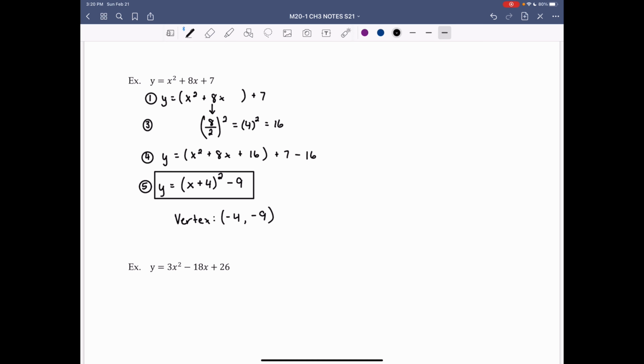Then I could do a quick sketch of my parabola and see where my vertex is in terms of quadrants. Negative 4, negative 9, so let's say that that's about here. And the y-intercept from general form, the constant term is 7, so about here.